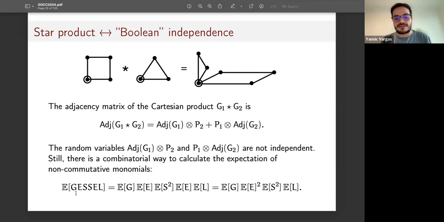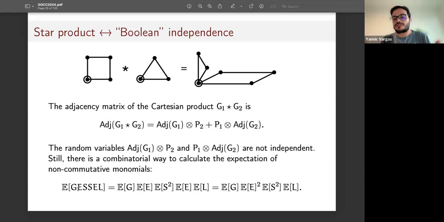Notice that in this case, again, G, E, S, E, and L correspond to some matrices. The product of matrices is not commutative. So we are here in front of a case for which the random variables are matrices, the product is not commutative, and they are not independent. But still, the expectation of the product of those monomials can be calculated in a nice way.